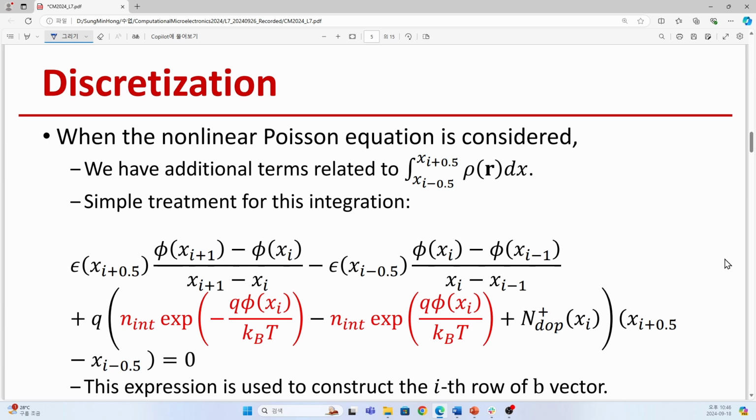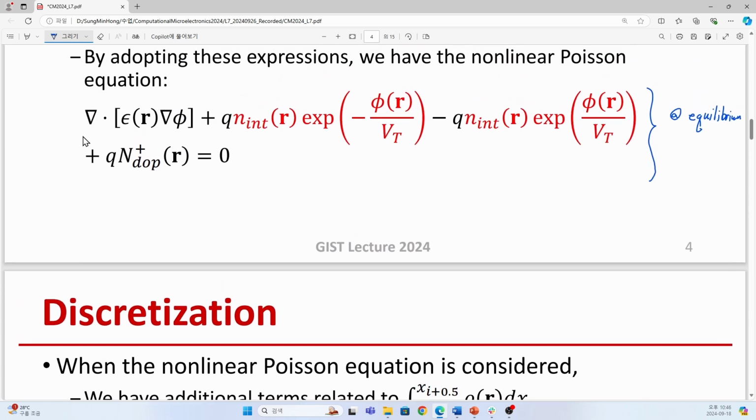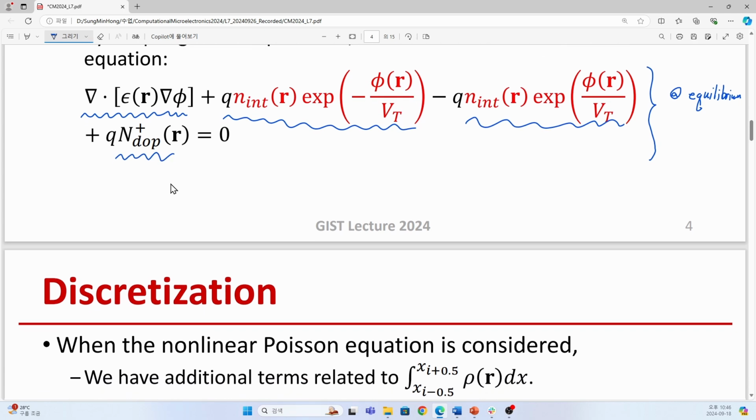When we consider this nonlinear Poisson equation, previously the first term, related to the displacement vector, was already well discretized in our previous lecture. But now we have terms like hole density, electron density, and position-dependent doping density.